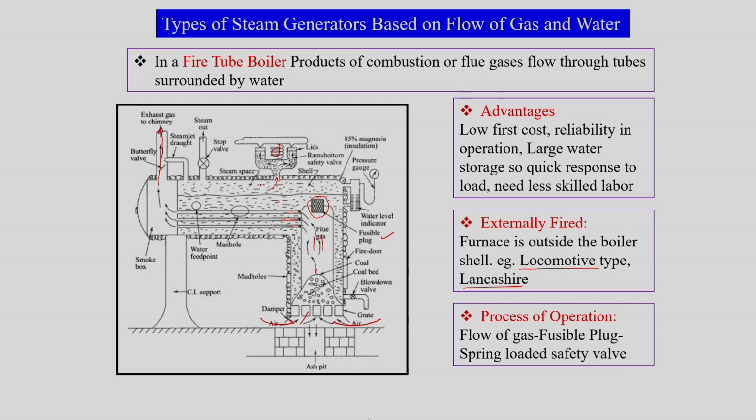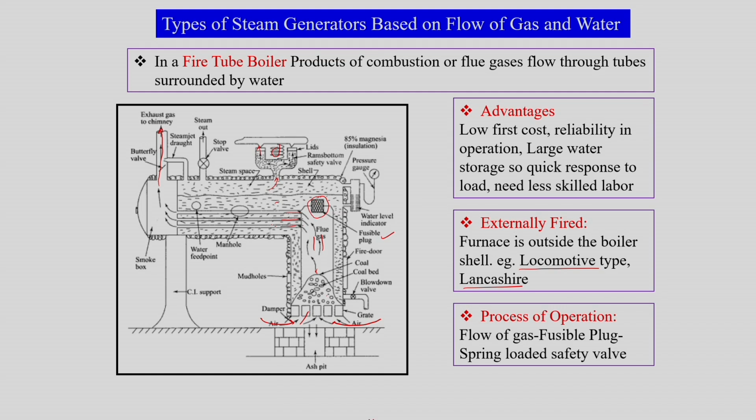If the pressure of the steam is higher than the expected value, it will cross the pressure of the spring force, and this will open the lid of the valve, and steam will flow out till the pressure gets equilibrated, and we get balance of pressure. So, the pressure safety valve is useful for control of pressure, and the fusible plug is useful for the control of temperature.